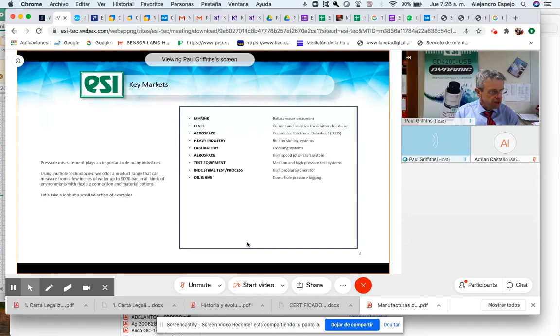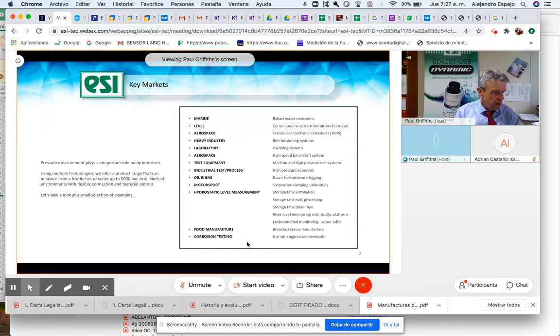Then some oil and gas, motorsport, hydrostatic level measurement. And then several examples of that. We have some good examples for level measurement using a submersible transmitter. And then food. And then an interesting one is testing, but it's corrosion testing. So a mixture of different applications that will give you, hopefully, a better feel for the possibilities we have.